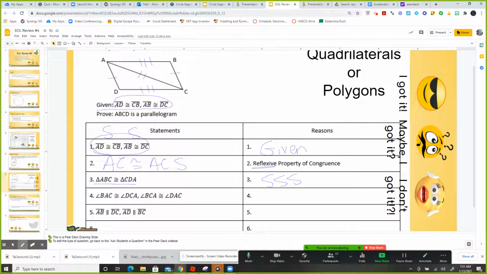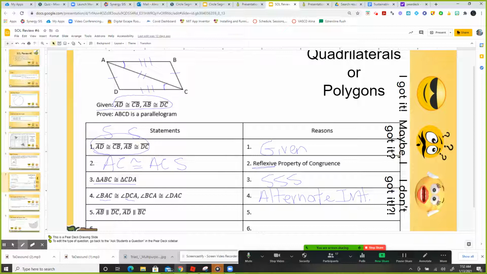Now in line 4, I start giving you some angles. So BAC is this guy up here, and DCA is this guy here. What kind of angles are those? Alternate interior. Those are alternate interior angles.